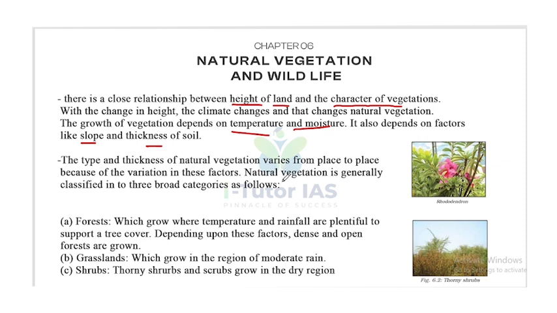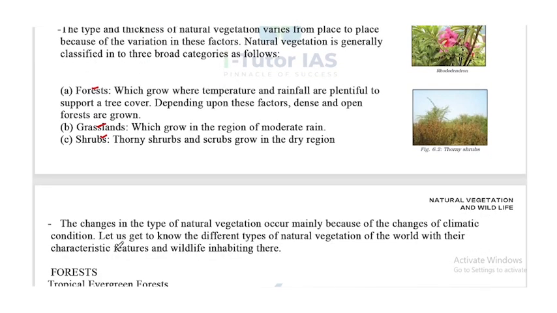Natural vegetation is generally classified into three broad categories. First one is forest, second one is grassland, and third one is shrubs. What is forest? Forests grow where temperature and rainfall are plentiful to support a tree cover.